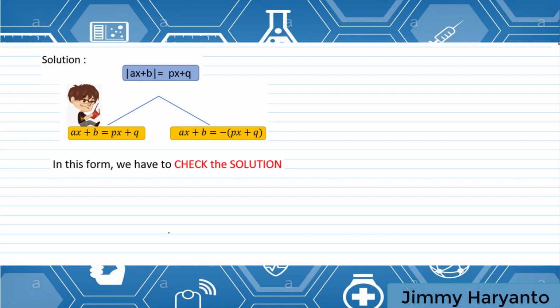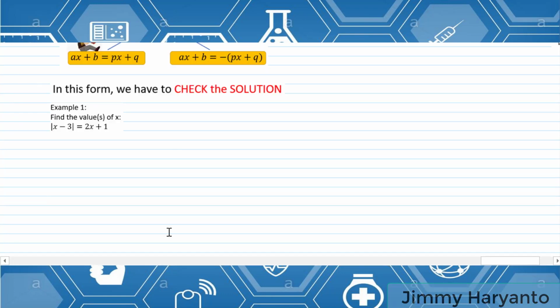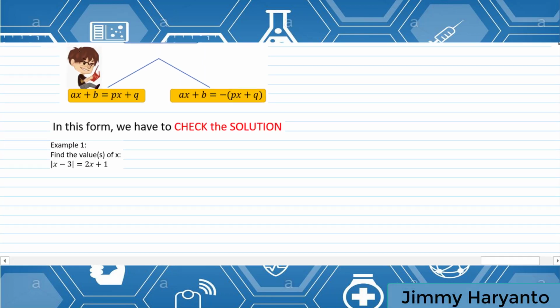Okay, so how do we solve this form? Look at example 1. The expression is already the same as the formula, so we can split them into two. The left side will be x minus 3 equals 2x plus 1, and the right side will be x minus 3 equals negative 2x plus 1.